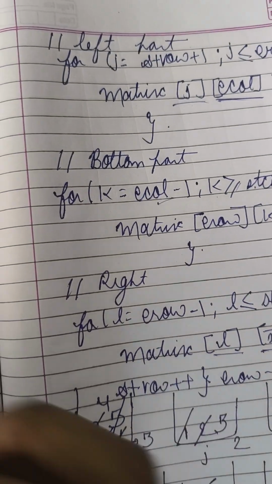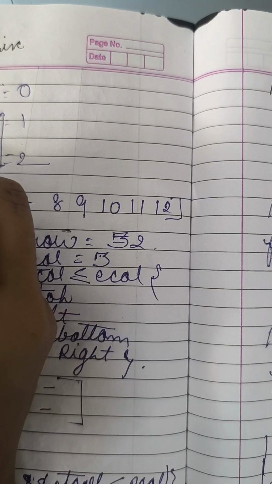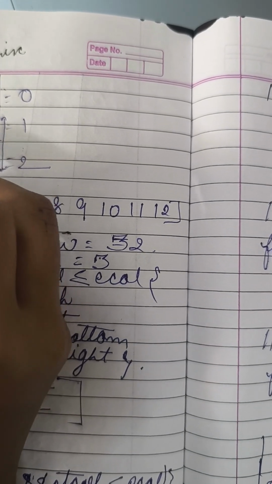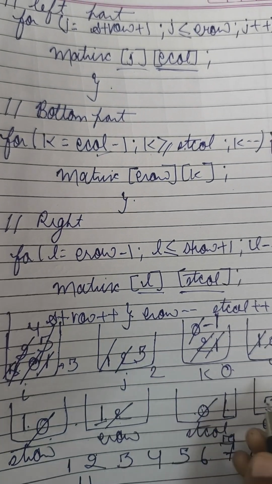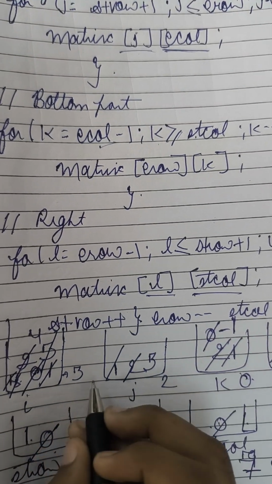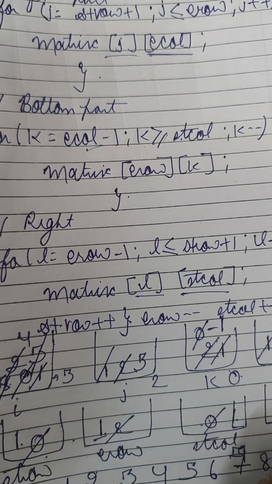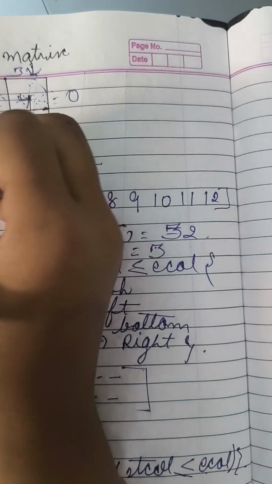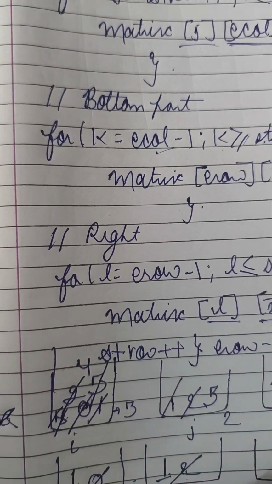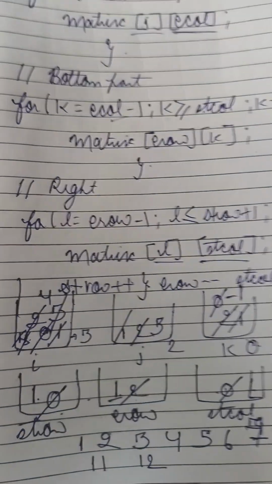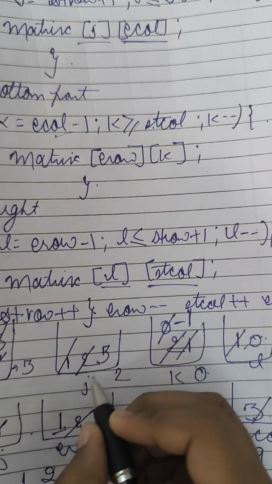Now for the left part, I'm so sorry guys. Here I have compared it with the starting row. It's not with the starting row, you have to compare with the column, right? So here it will be 11, and then this top part 12 is going to be printed over here. Now moving towards the left part, observe this very carefully. The left part is the jth part, right?